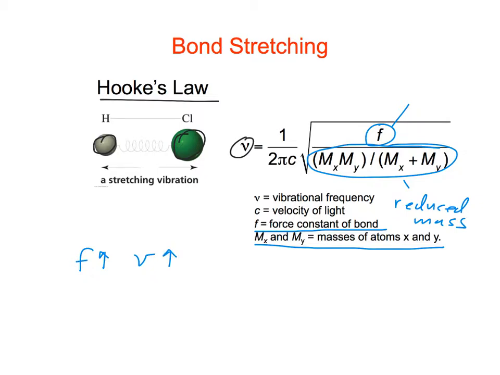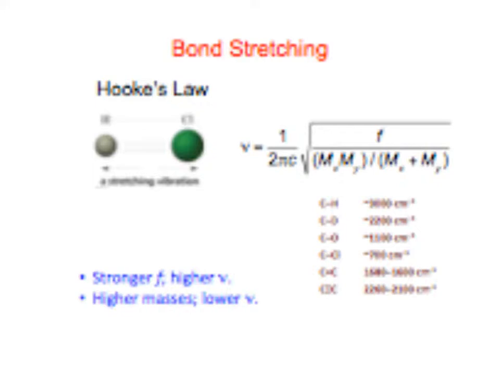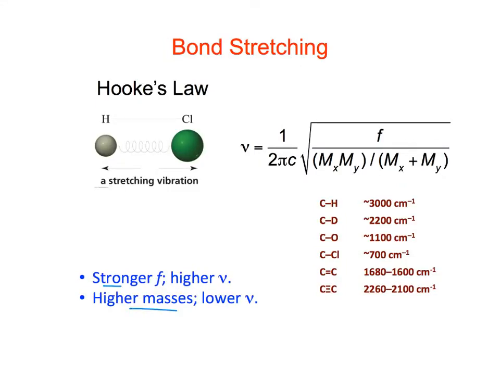And if the masses increase, either one, it ends up that this denominator increases, and so the frequency in that case would decrease. All right. So here's a summary of that.